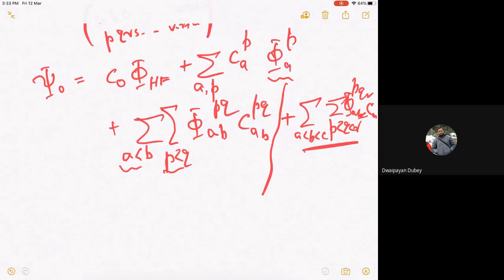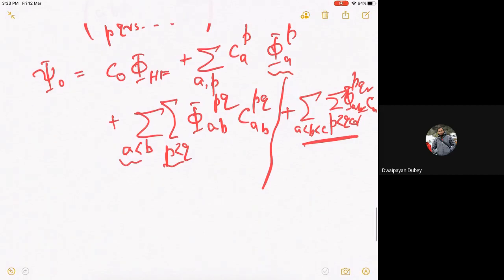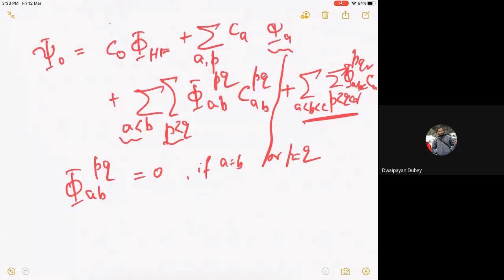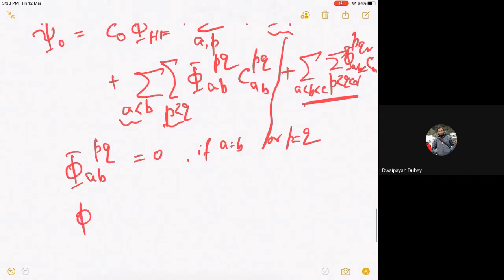I told you these determinants have a very special property that if I have phi AB PQ, this is 0 if A equal to B or P equal to Q or both, of course. Phi BAPQ is actually negative of phi ABPQ.